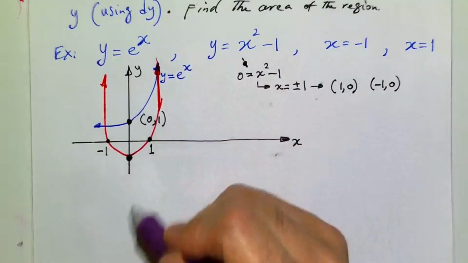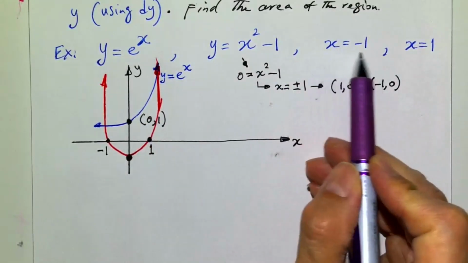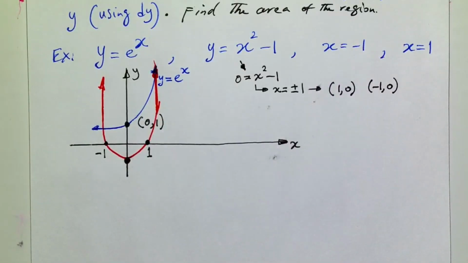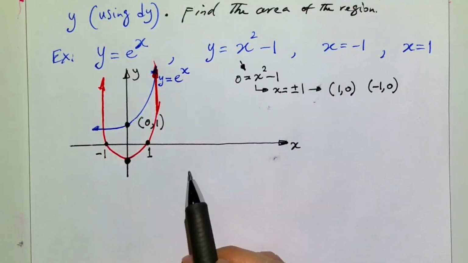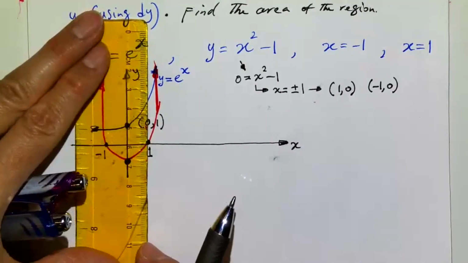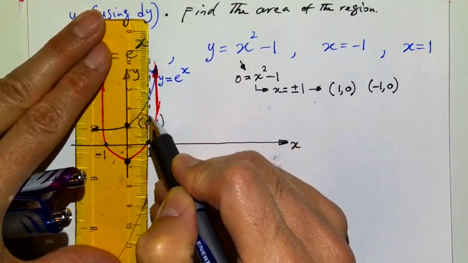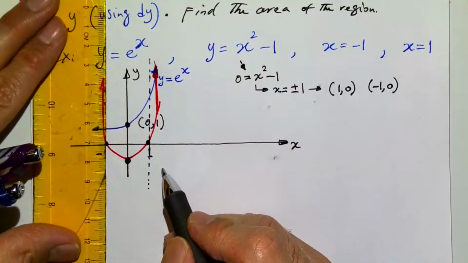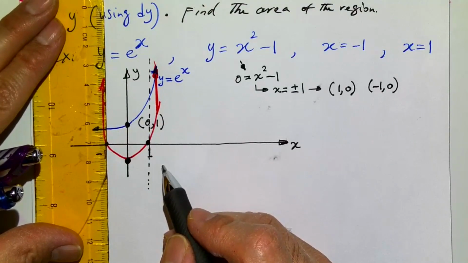At some point the exponential function and the quadratic function will intersect. And then of course we have these two vertical lines. Let me also draw those: one going through x equals -1, the other through x equals 1. I'm just going to draw a dashed line here, hoping to prevent this drawing from being too crowded.